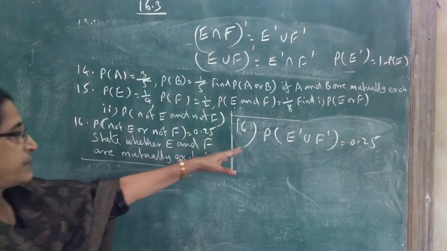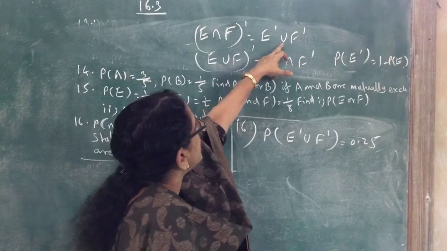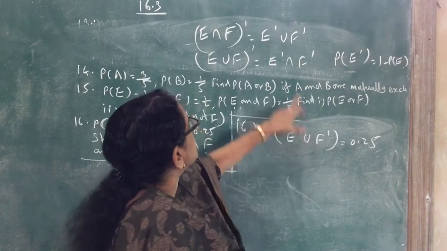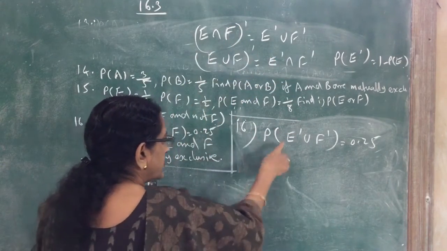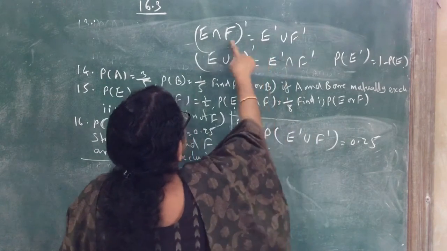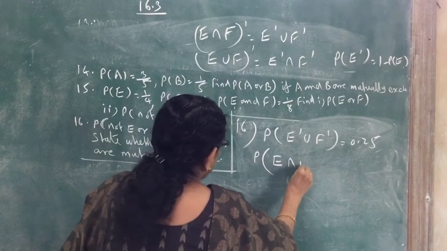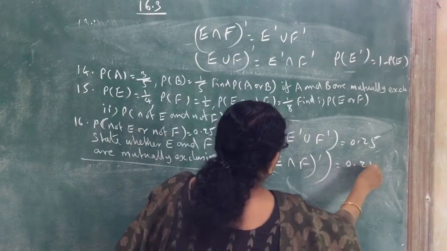So we can apply De Morgan's law here also. E dash union F dash equals E intersection F complement. So probability of E dash union F dash is equal to probability of E intersection F complement, which equals 0.25.